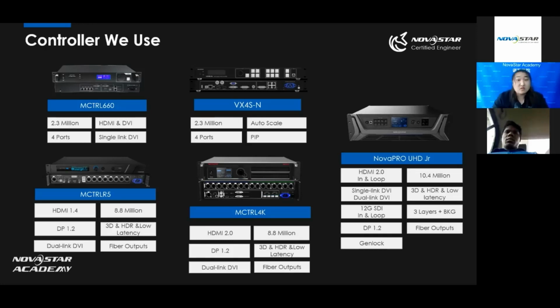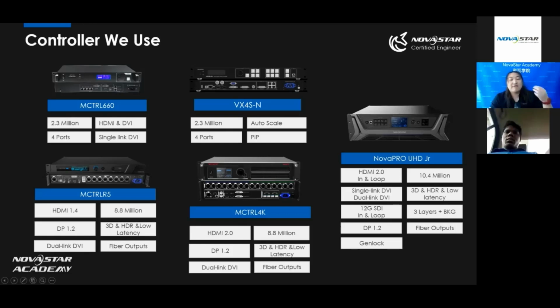Let's say the latest product from NovaStar, and also this page is the last one. Nova Pro UHD Junior. This is an all-in-one controller that integrates the video processing functions. First, it has HDMI 2.0 and the loop.